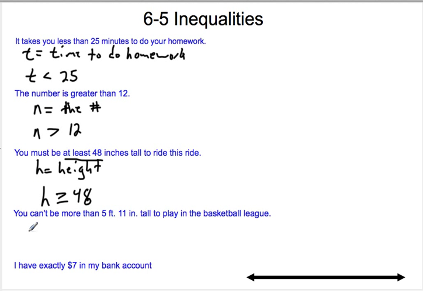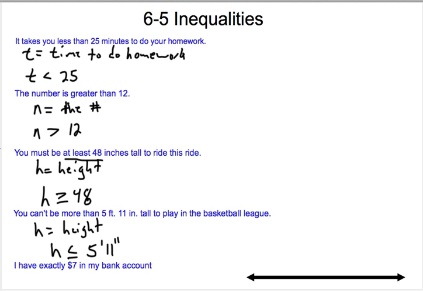So in this case, this will be height again, so h is going to equal height. And so your height has to be less than 5'11", but it could be equal to 5'11" also. So we say less than or equal to 5 feet 11 inches. That apostrophe means feet, the quotes means inches.